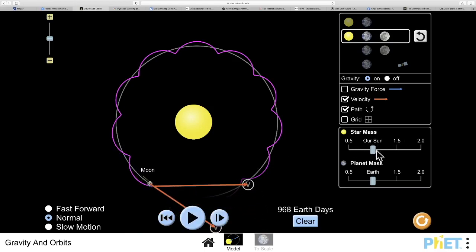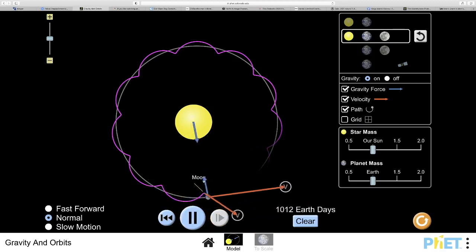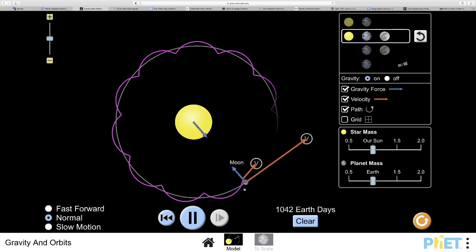Now what this down here lets us play with is things that would never really happen in real life, but what this shows you is how the mass of something affects the amount of gravity that it has. So let's play this again, and you'll notice this gravitational pull between Earth and the Sun stays constant.